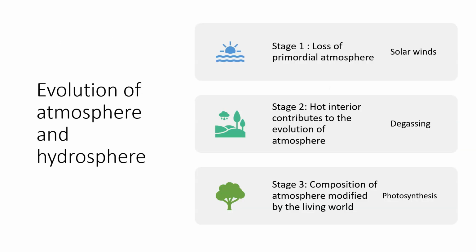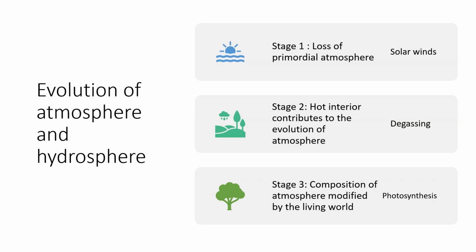Now, if we look at the evolution of the atmosphere and hydrosphere, we can think about it in terms of 3 stages. The present composition of the Earth's atmosphere is chiefly nitrogen and oxygen. But in terms of the 3 stages in the evolution of the present atmosphere, the first stage is marked by the loss of the primordial atmosphere.